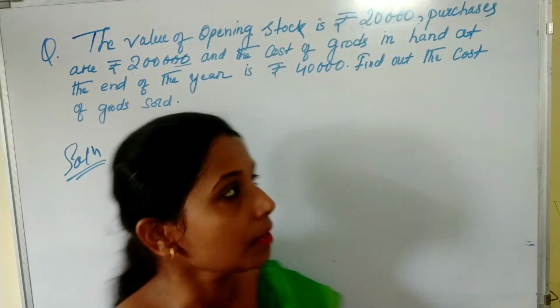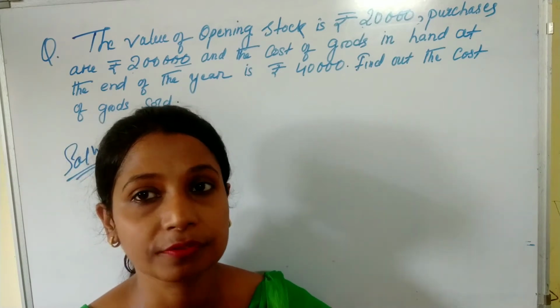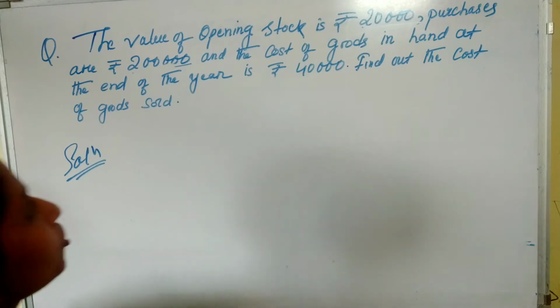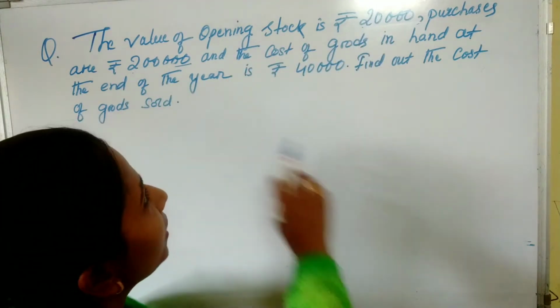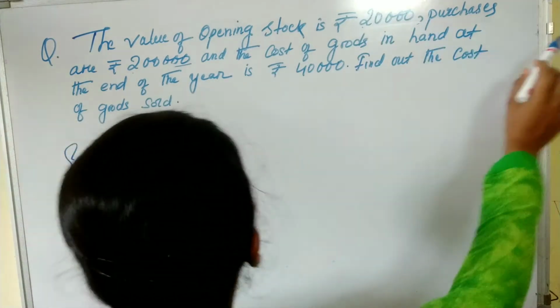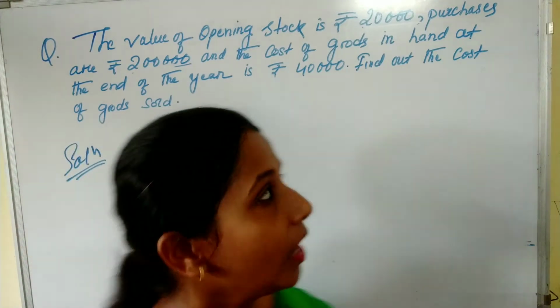So this is our question, and we are going to find the cost of goods sold. Now let's see the question. The value of opening stock is 20,000. Purchases are 2 lakhs.